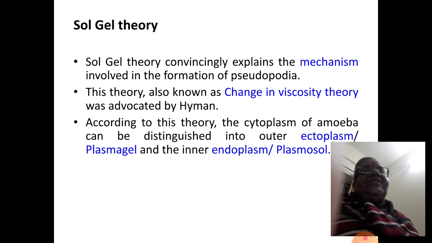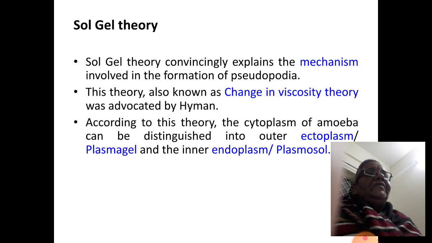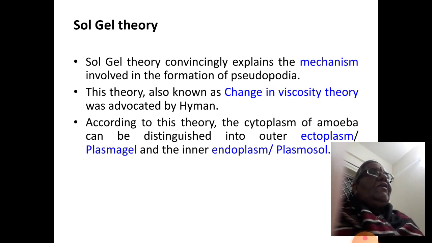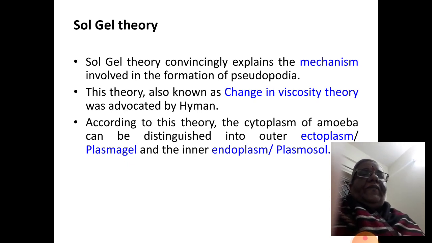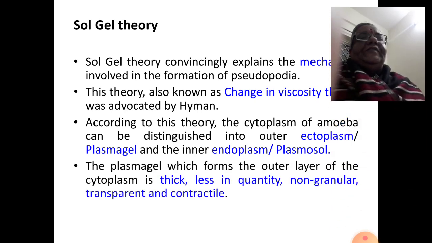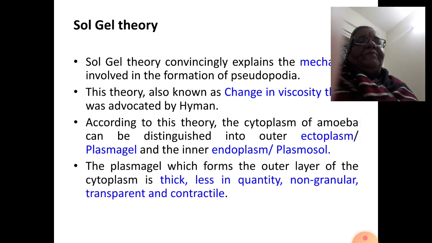Don't interchange the terms. Ectoplasm is called plasma gel and endoplasm is called plasmosol. Remember this.